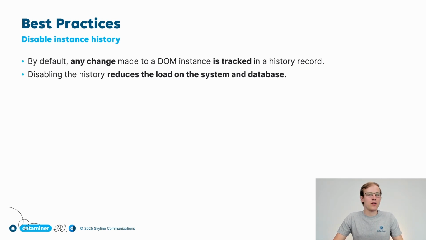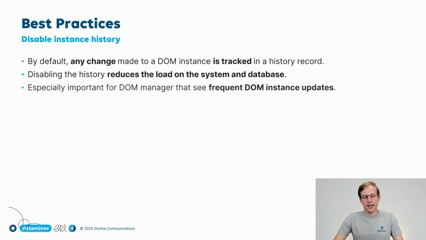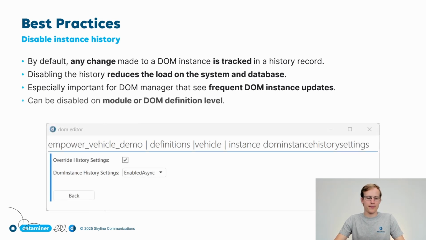On the module settings, you can disable this history tracking, and that will reduce the load on the system and the database. This is definitely important if you have a DOM manager that sees a lot of updates. If you have a lot of creates, updates, and deletes of instances, it could be very beneficial to disable this history if you don't plan to use it anyway.